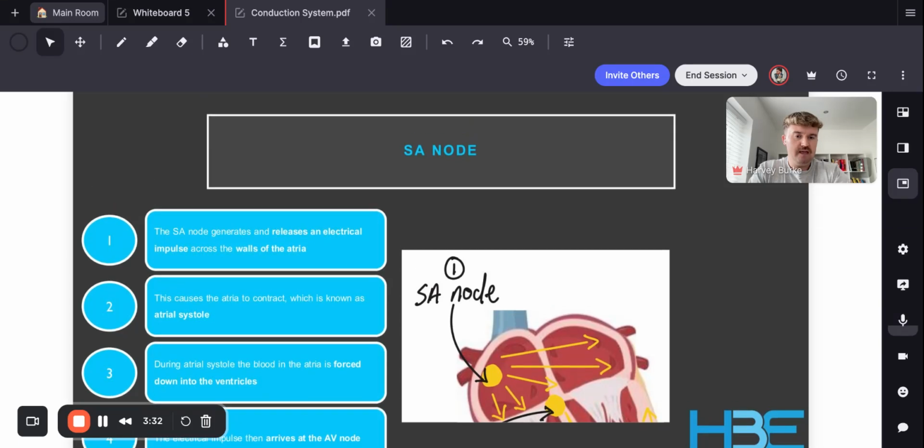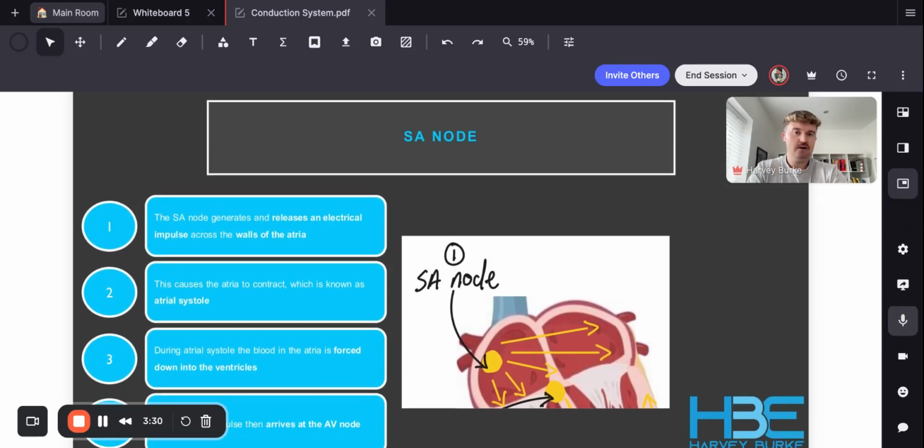So we'll start with the SA node, and the SA node is known as your internal pacemaker. So what that means is it's responsible for creating your heartbeat. At the SA node, this is where an electrical impulse is generated, and the SA node releases that electrical impulse across the walls of both atria. And whenever an electrical impulse is traveling through any muscle, that causes that muscle to contract.